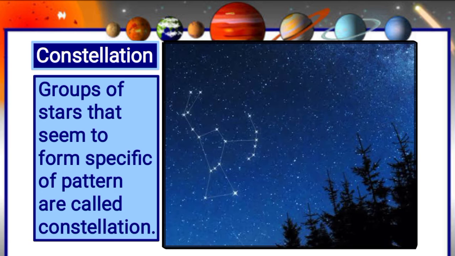Constellations collectively form a galaxy, and a million galaxies together make up the universe, which means galaxies are a part of the universe and constellations are a part of galaxies. The Milky Way is one such galaxy of which the solar system is a part, and Earth is a part of the solar system.